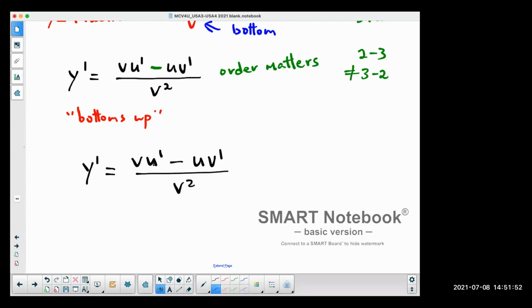Bottom times derivative of the top minus the top times derivative of the bottom, all divided by bottom squared. So that's how I remembered it, bottoms up. As long as you remember bottoms up, that's the order of what you're going to put down first. You put the denominator up on the top first, and then you take the derivative of the top.